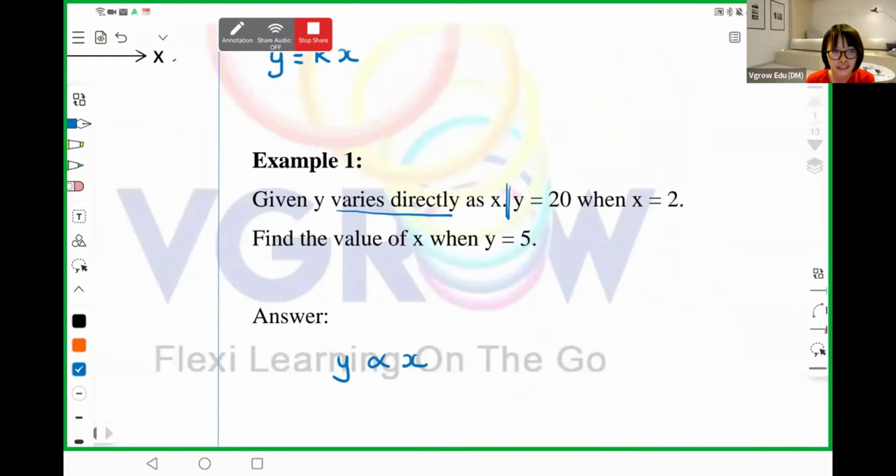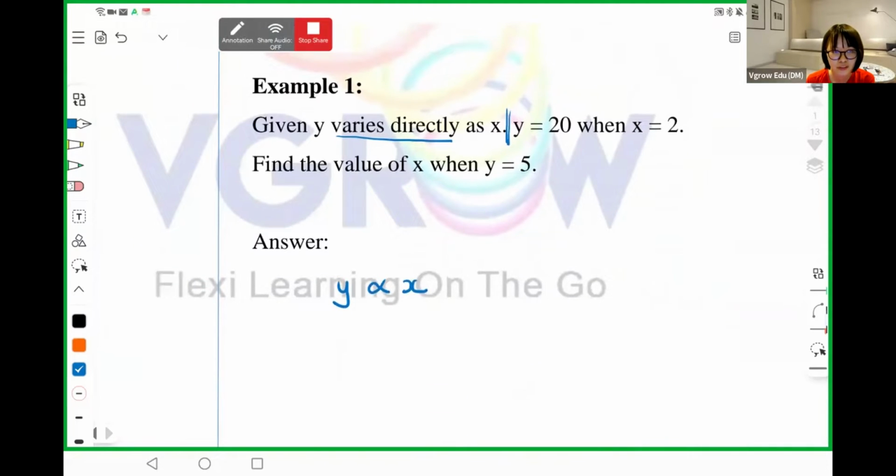Now we want to find the value of x1, meaning we want to calculate the scalar, the k, the constant. So we need to change to equation form: y equals kx. Just insert k only. So you manage to change the variation form to equation form.